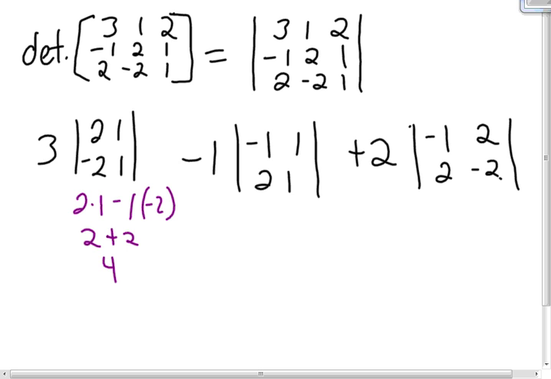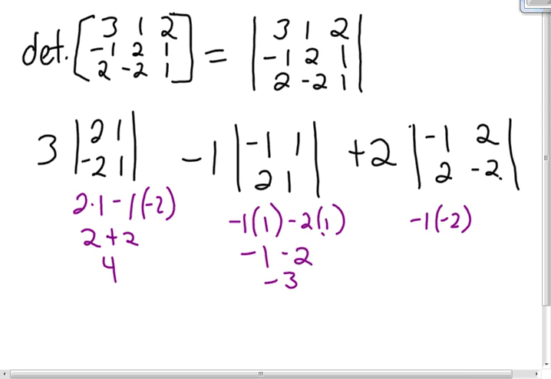The second 2 by 2 matrix will be negative 1 times 1 minus 2 times 1. So that would be negative 1 minus 2. The answer there is minus 3. The last 2 by 2 determinant will be negative 1 times negative 2 minus 2 times 2. That would be positive 2 minus 4. That would be minus 2.